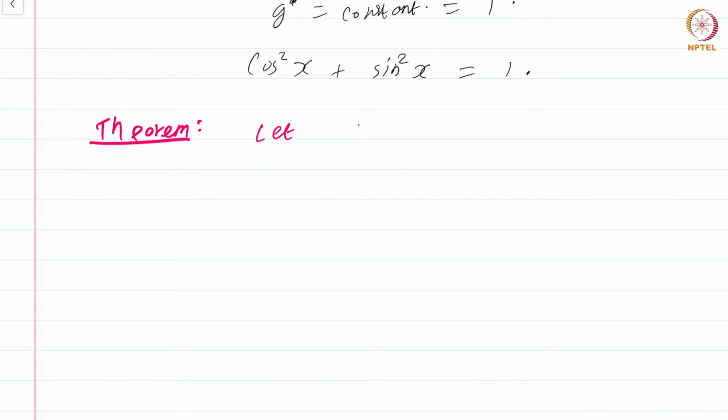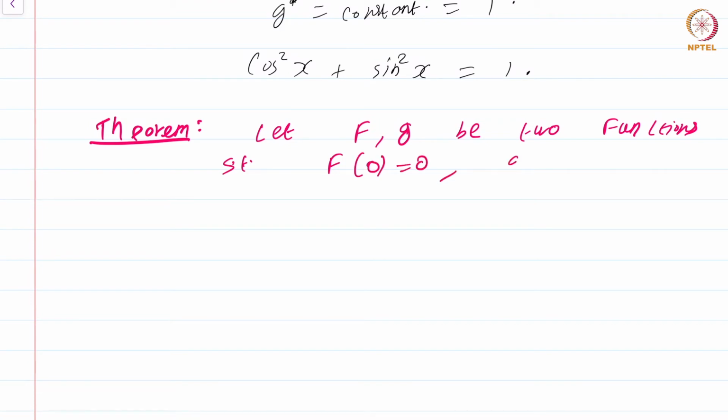Let f, g be two functions such that f of 0 equal to 0, g of 0 is equal to 1, and f prime is equal to g, g prime is equal to minus f. Okay, just assume this much.